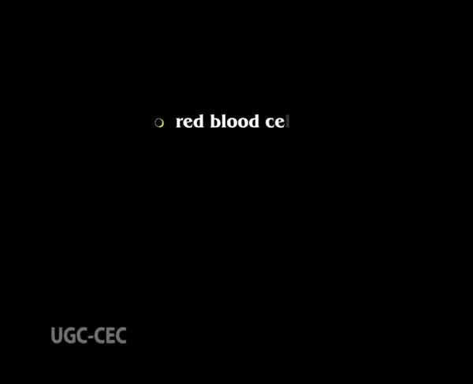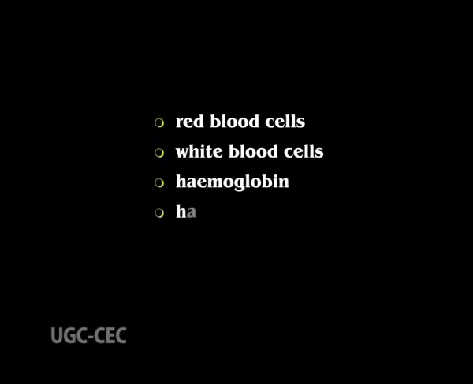According to the American Association for Clinical Chemistry, AACC, the test is almost always a part of the complete blood count, CBC test. A CBC test measures the number of all components in the blood, including red blood cells, that is RBC, white blood cells, WBC, hemoglobin, hematocrit and platelets.